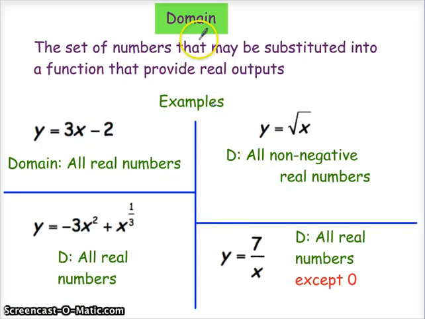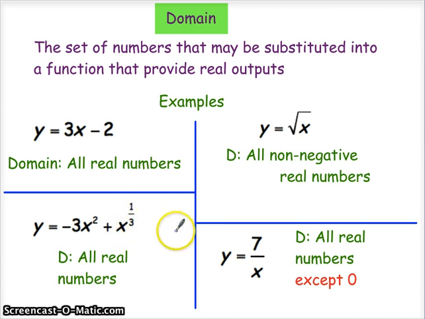Along those lines, as we're talking about domain, again, it's the set of numbers that can be substituted into a function that provide real outputs. So if you're talking about a linear function, you can always multiply or subtract. All real numbers that you plug in will always give you real answers back. Same thing goes for squaring things, multiplying by a negative, taking the odd root of something, x to the 1/3 down here in the lower left.